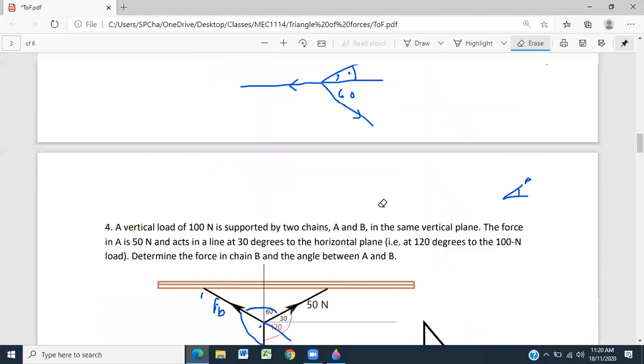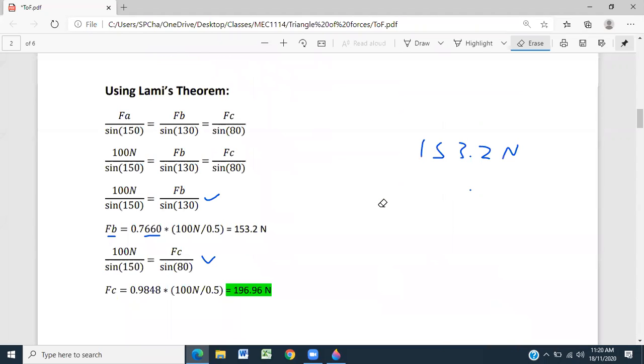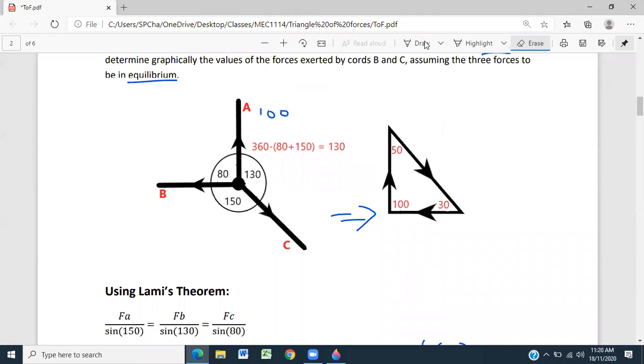And with the sine rule, okay, when you have a full pair, the angle and the side opposite it, remember the sine rule, we had these 2 sides, right? And this here was the unknown, right? But with the sine rule, we had a full pair, the 100 Newton and the angle, full pair.